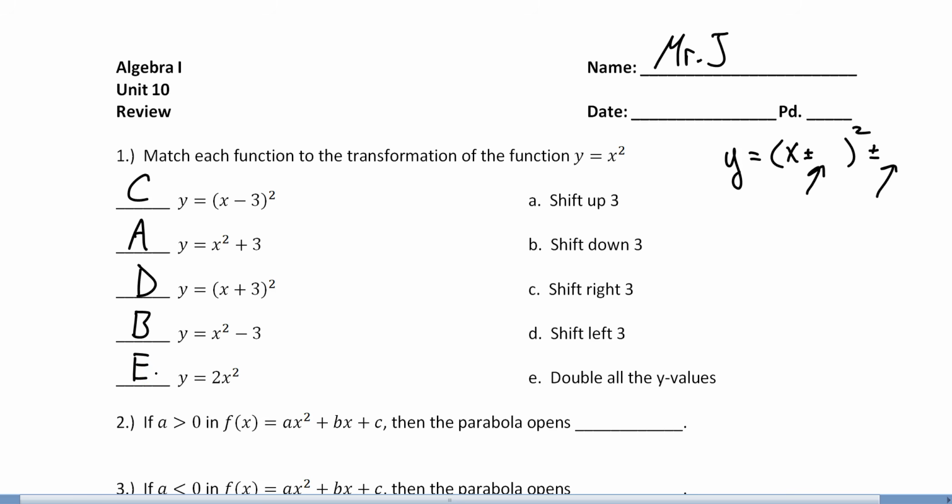The other way to think about this is to think about each of these in vertex form. This one's y equals x minus 3 squared plus 0. This one would be y equals x minus 0 squared plus 3. Just think about them in vertex form.